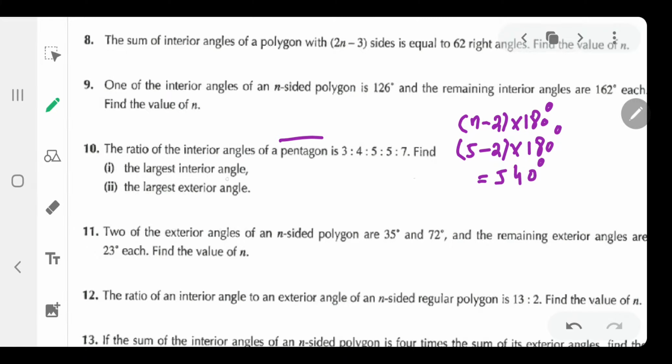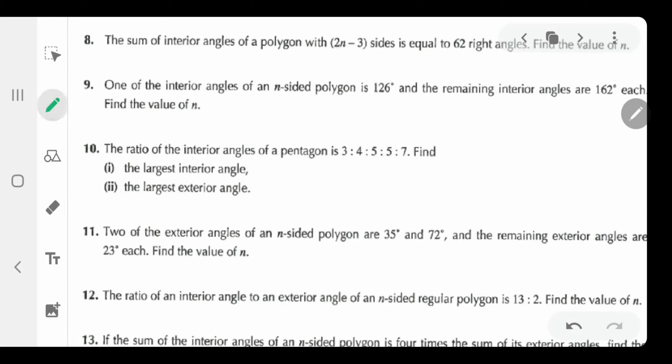Find the largest interior angle. So we have to find the largest interior angle. What will be the sum of these ratios? If we add all the ratios, the sum of these ratios is 24, right? What is the largest ratio here?